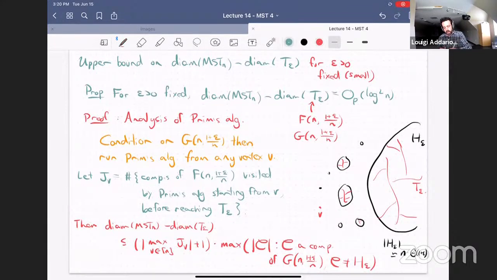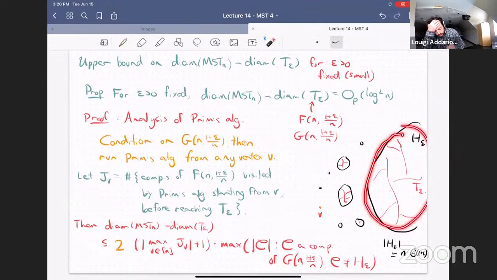This is just because if I take any path, the diameter, I guess I need a 2 in front of this. So the point is, how different from the diameter of this graph can the diameter of the whole graph be? Well, in the worst case, the diameter could be increased because now we could build some path which jumps through some of these small components, then joins itself into the largest component.